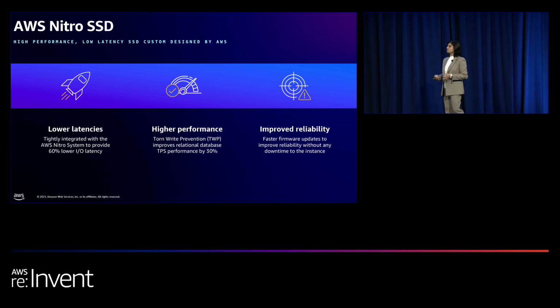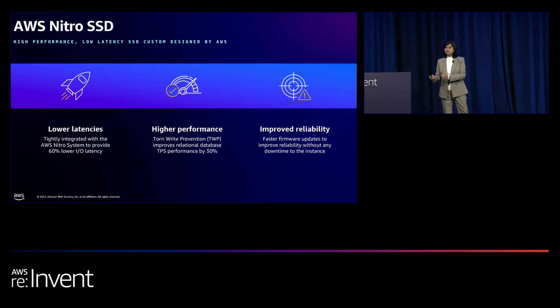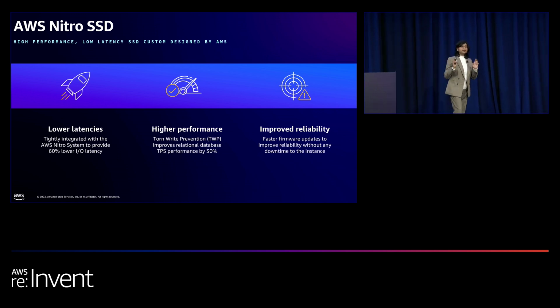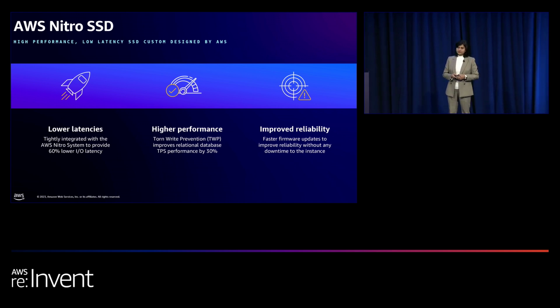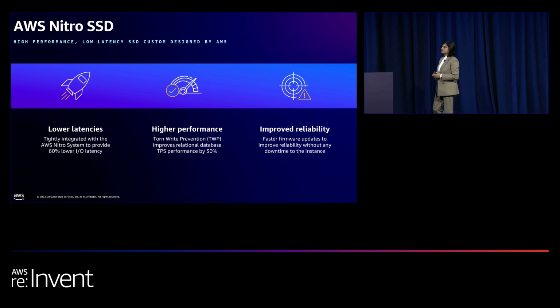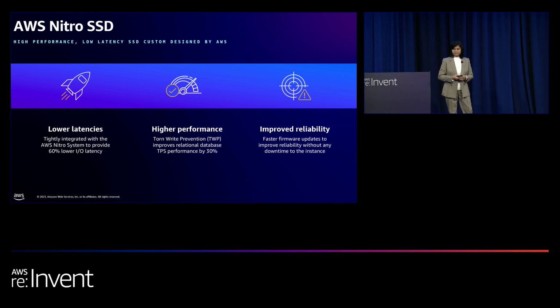They want predictable latency. They want high performance for a given latency, and they don't want the latency to vary as much. That's what they call tail latency. They want reduced tail latency, and they want the best performance for their database workloads, as well as storage that is more reliable and high quality.